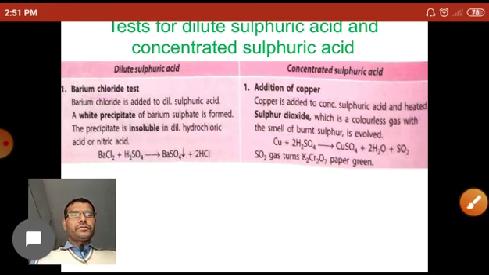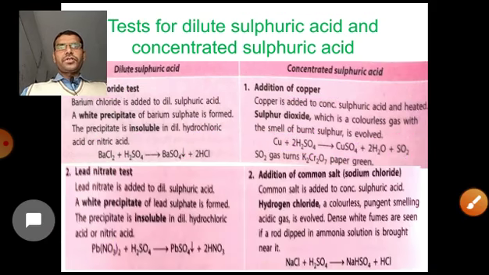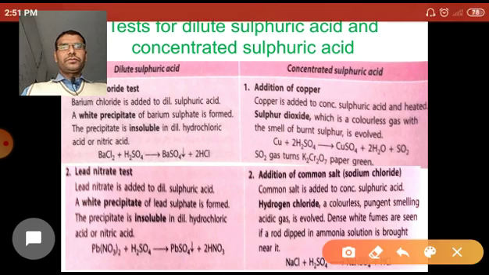Now the next test, the lead nitrate test. Lead nitrate is added to dilute sulfuric acid. A white precipitate of lead sulfate is formed, and this precipitate is insoluble in dilute hydrochloric acid and nitric acid.